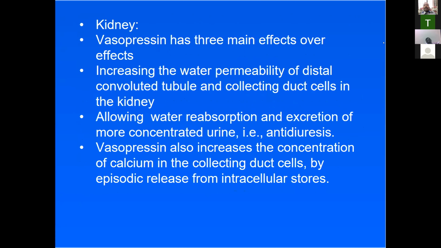Next, on the kidneys, vasopressin has 3 main effects. It increases the water permeability of the distal convoluted tubule and collecting duct cells in the kidney. It also allows water reabsorption and excretion of more concentrated urine, that is antidiuresis. Vasopressin also increases the concentration of calcium in the collecting duct by release of intracellular stores of calcium.